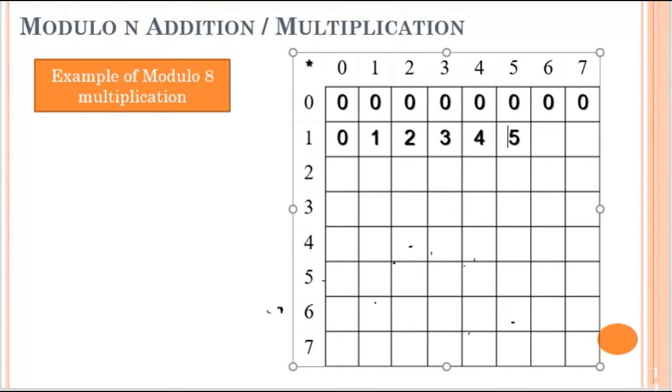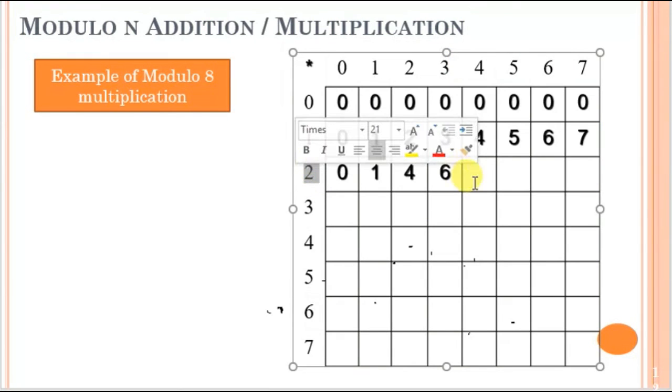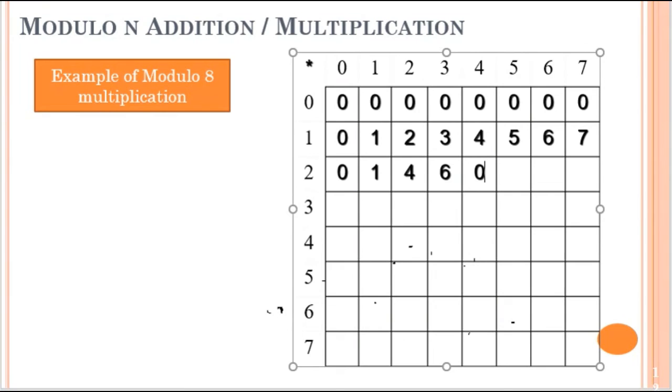4, 5, 6 and 7. And 2 into 0 is 0, 2 into 1 is 2, 2 into 2 is 4, 2 into 3 is 6, 2 into 4 is 8, and 8 modulo 8, the remainder is 0.